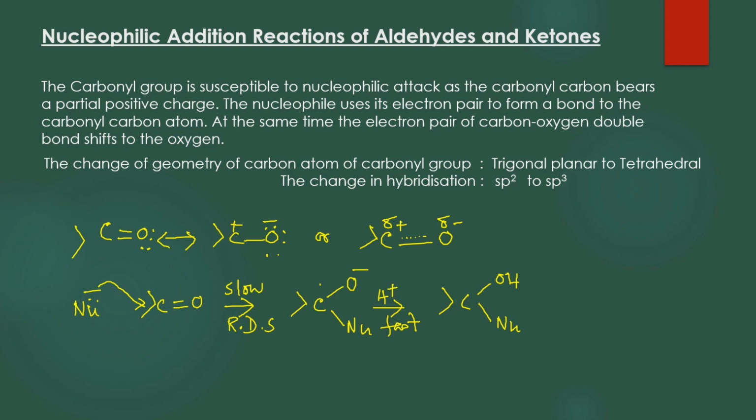Here the carbonyl carbon atom is sp2 hybridized, that is its geometry is trigonal planar, and in the resulting compound the carbon atom becomes sp3 hybridized and its geometry will be tetrahedral.